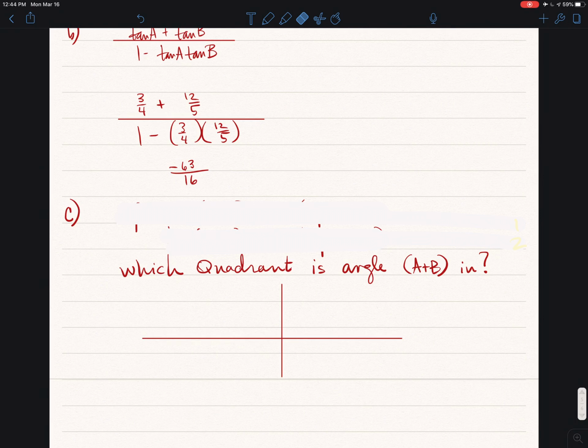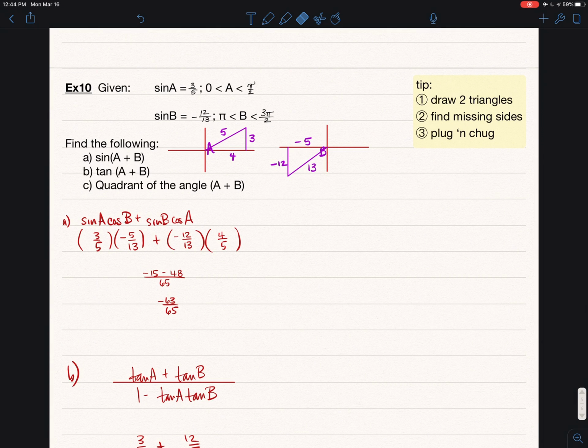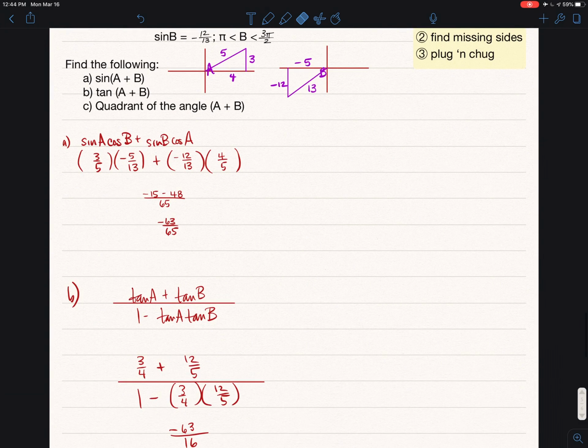All right, now for part C of this question, notice that you are asked, in which quadrant is this angle A plus B? I don't know what angle A is. I don't know what angle B is, and I don't know what angle A plus B is. But I am asked to find which quadrant it might be in. This again goes back to the concept of All Students Take Calculus.